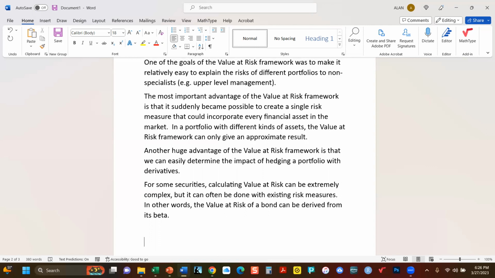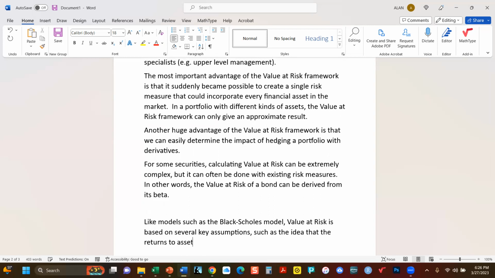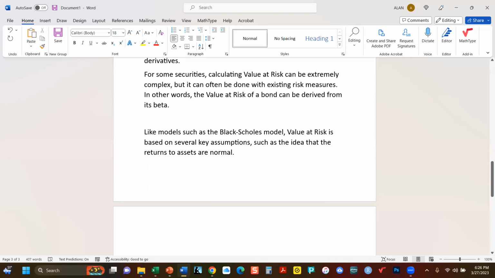Now, like models such as the Black-Scholes model, value at risk is based on several key assumptions, such as the idea that the returns to assets are normal. Now, we saw that's what Black-Scholes is doing, but it's not exactly right.